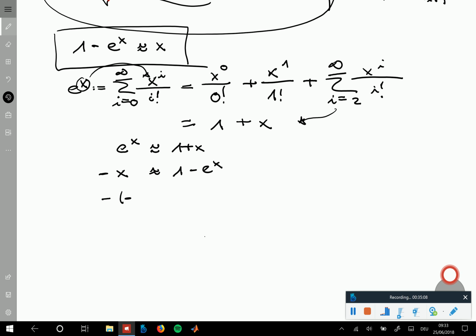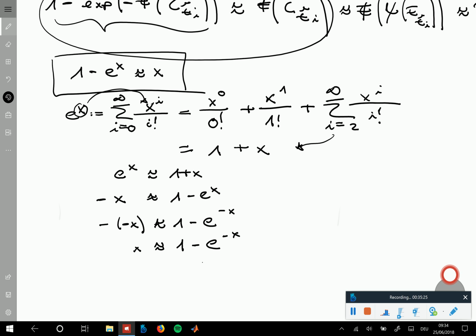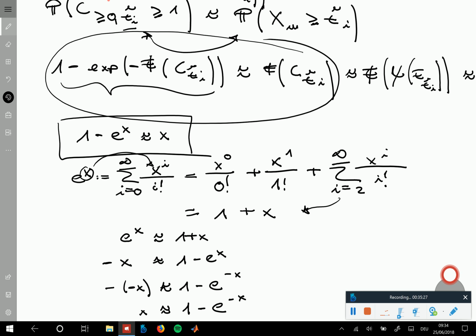So you have minus x being approximately 1 minus e to the minus x. Actually, I looked at that. That only really works for fairly small values of x, but it seems to be good enough.